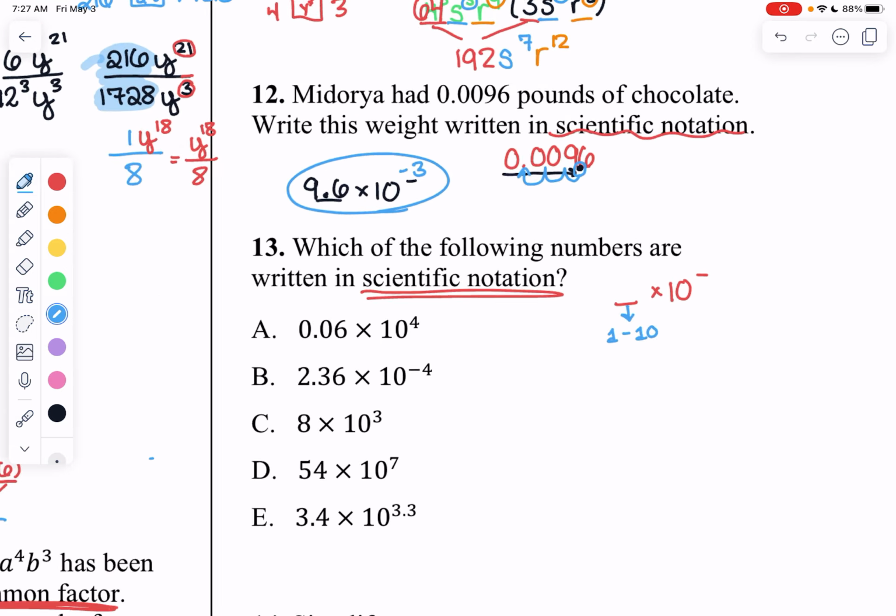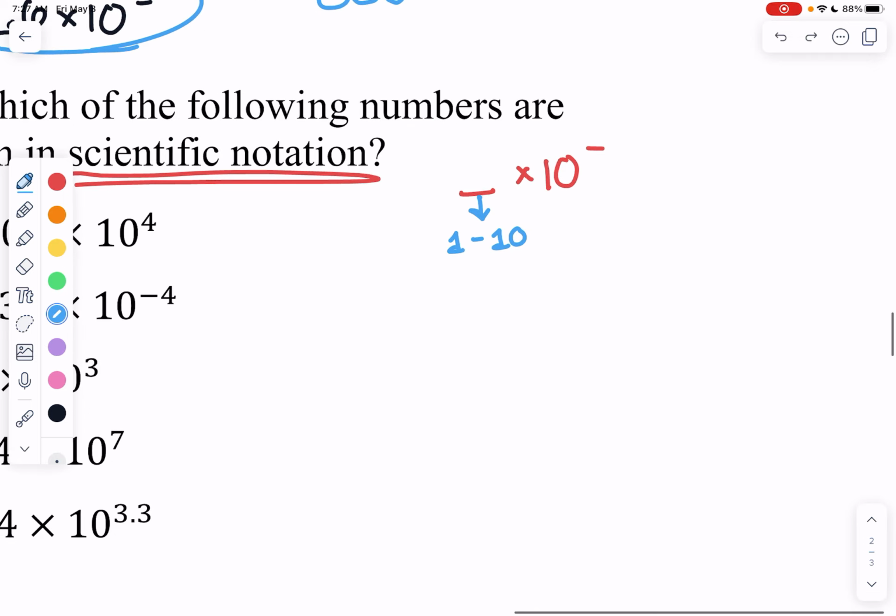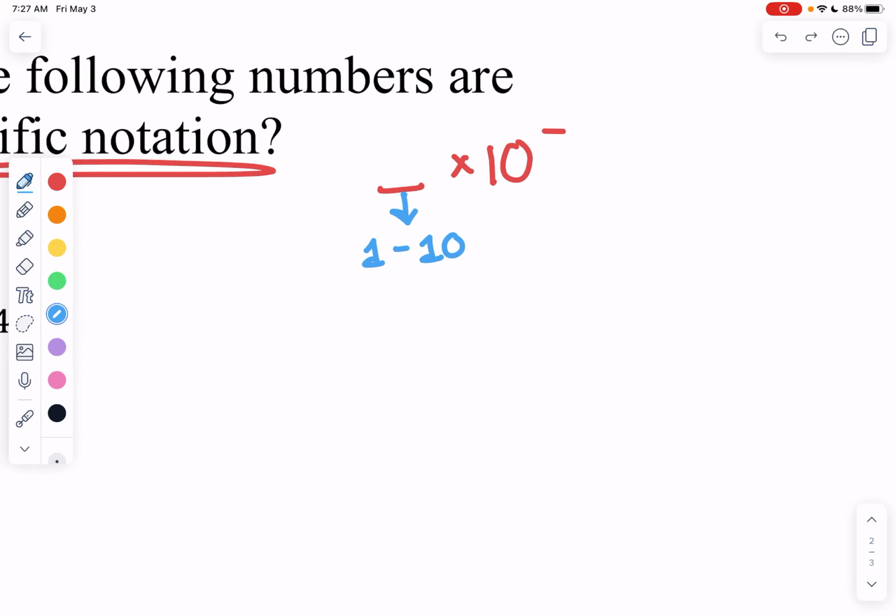So that's why we always put our decimal point after the first non-zero number, because I always just want one number here so that it stays in between 1 and 10, all right? The other rule is that this exponent has to be a whole number, okay? They call it an integer. I think it's easier to think about whole number, okay? Just we cannot have a decimal or a fraction up here.